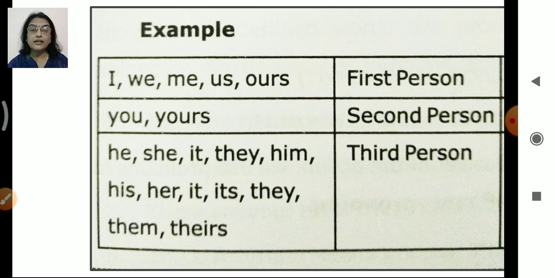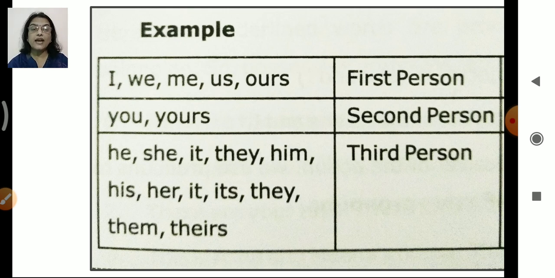And then you have here he, she, it, they, him, his, her, its, them, theirs. They are all called third person. Now what is third person? It refers to the person spoken about, whom you are talking about.